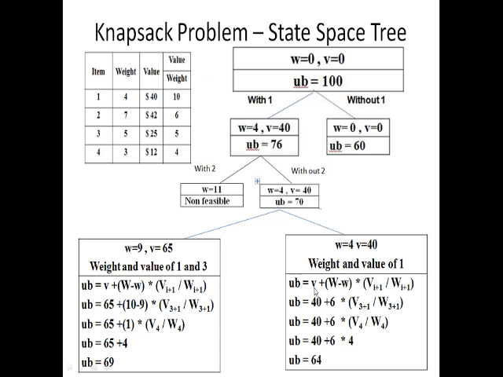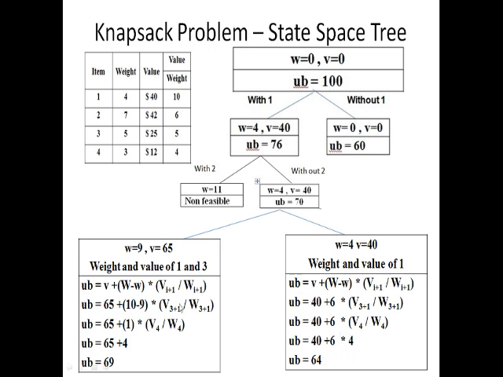Upper bound equal to V plus W minus W into Vi plus 1 by Wi plus 1. 40 plus 6 into V4 by W4, fourth value divided by fourth weight, that is 4. 40 plus 6 into 4, that is 64.